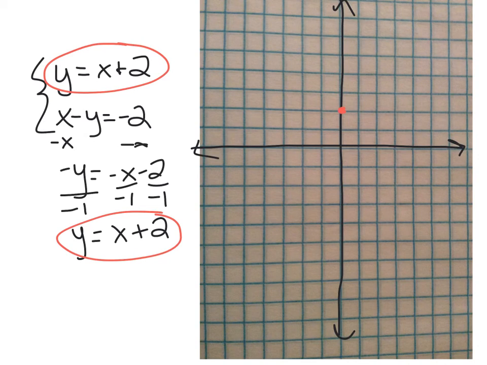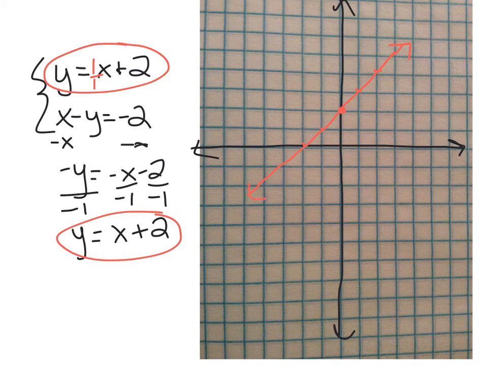So if I graph that first one, y equals x plus 2, we'd start at 2 on the y-axis. Remember, when there's no number written in front of the x, that's an understood 1, or 1 over 1 if you want to write it that way for rise over run. So up 1 and right 1. This line represents y equals x plus 2.